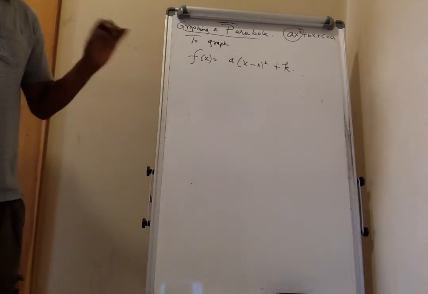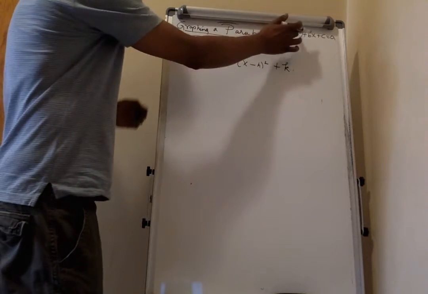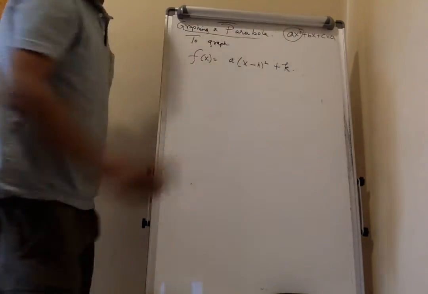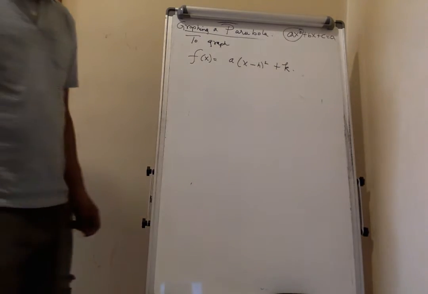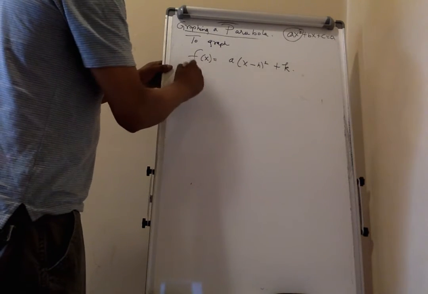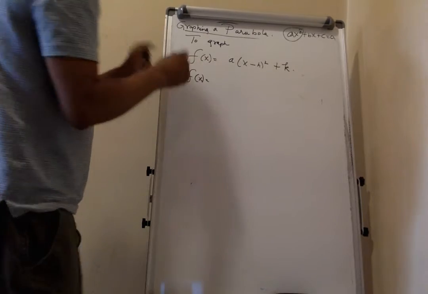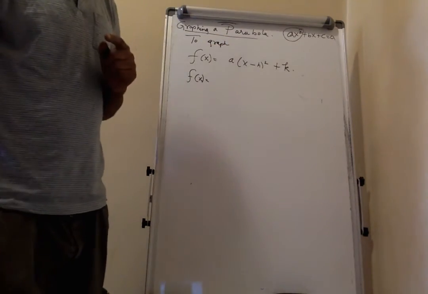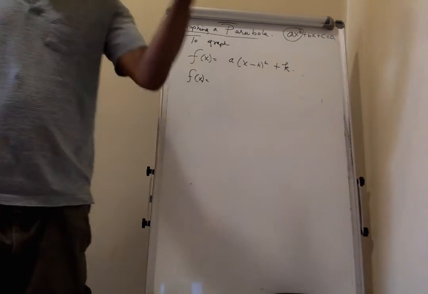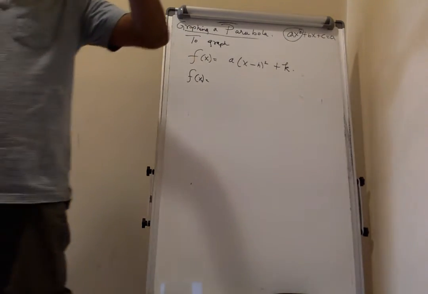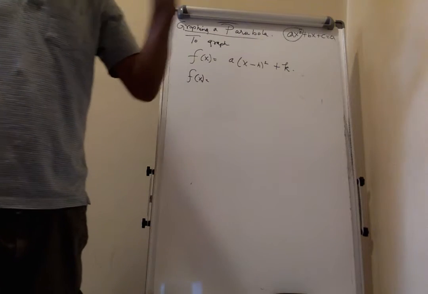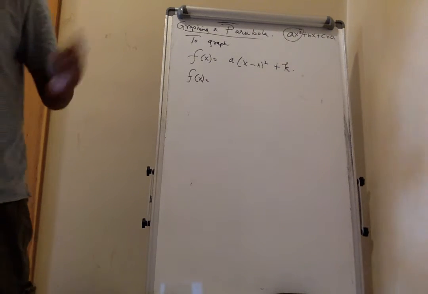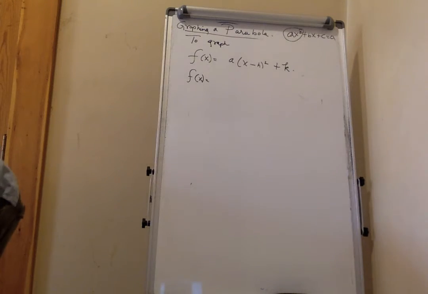Okay. So we're going to use this. This is writing it in a standard form, and the other is a general equation form. Now, let me just give you an example of this. Mind you, a is the leading term, so it tells us whether the parabola is opening up or opening down, also whether it is shrinking or expanding.